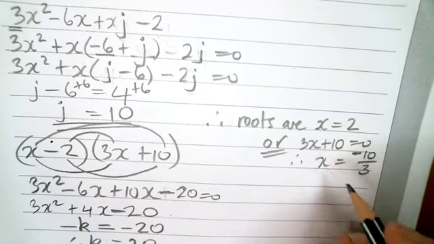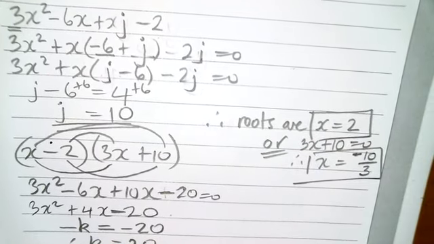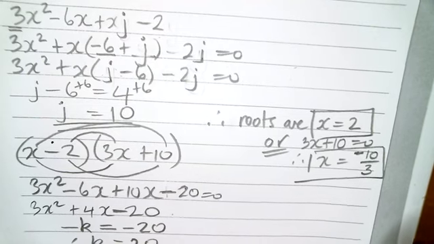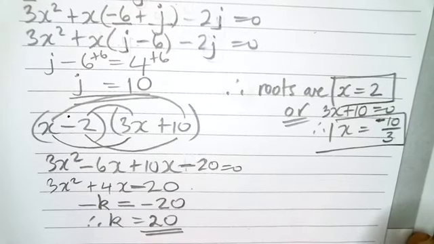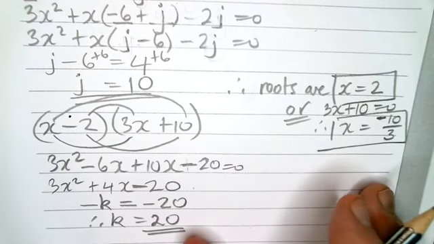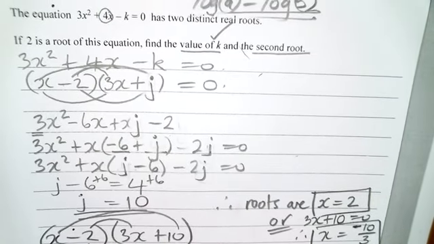So there's one root, and there's my second root. So that's how I would write that, and hopefully that makes sense. Sorry about using the j, the y, and putting j in there later, but hopefully that makes sense.